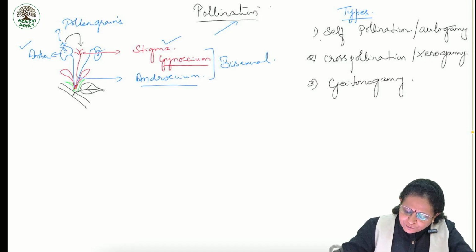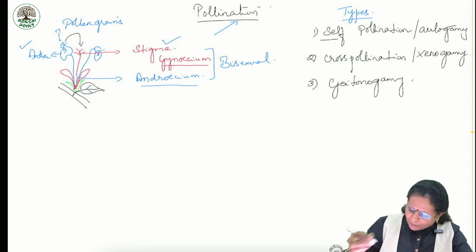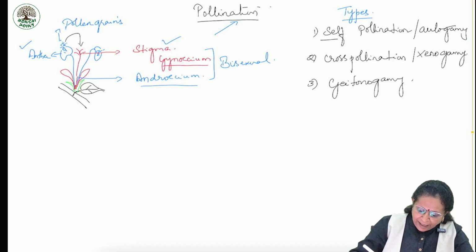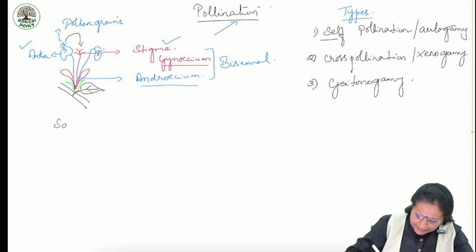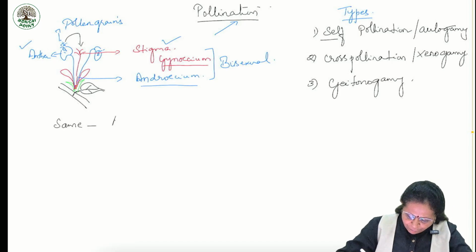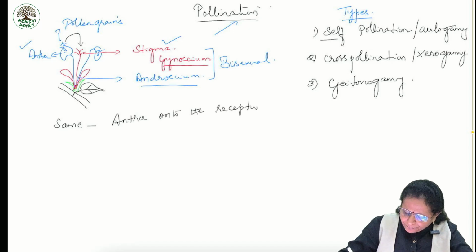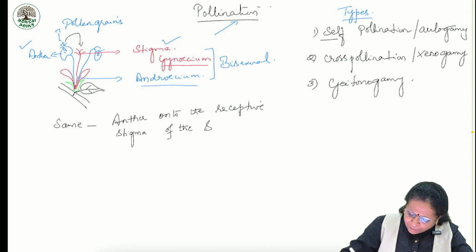Now, let us come to the first type, that is self-pollination. Same flower, just have a look at this. I told you a flower there, but here I use the words same flower. Means transfer of pollen grains from the anther onto the receptive stigma of the same flower.